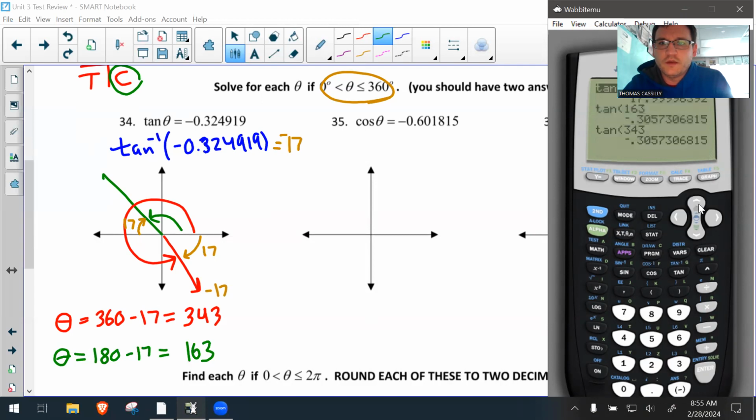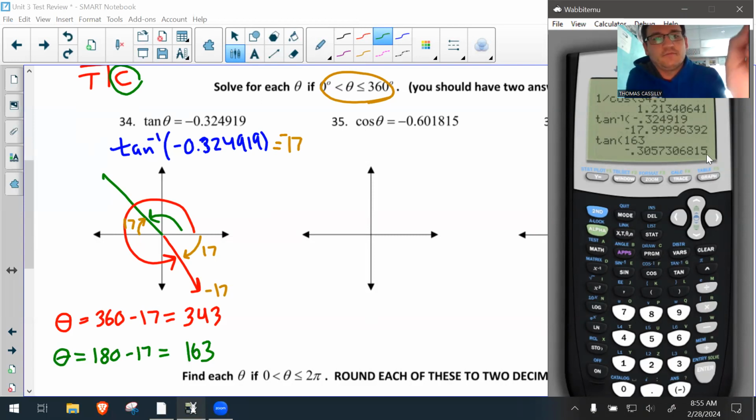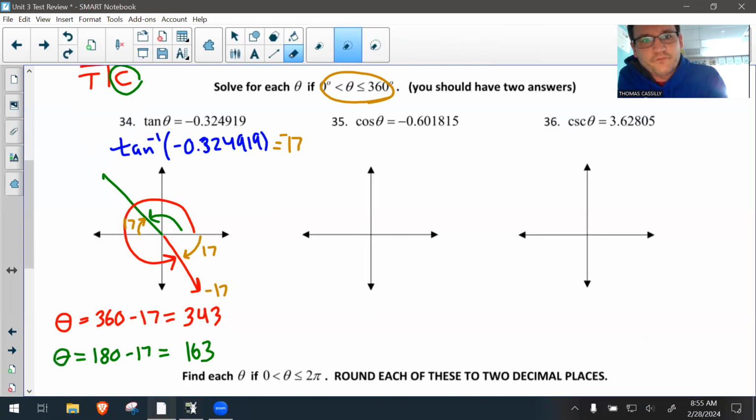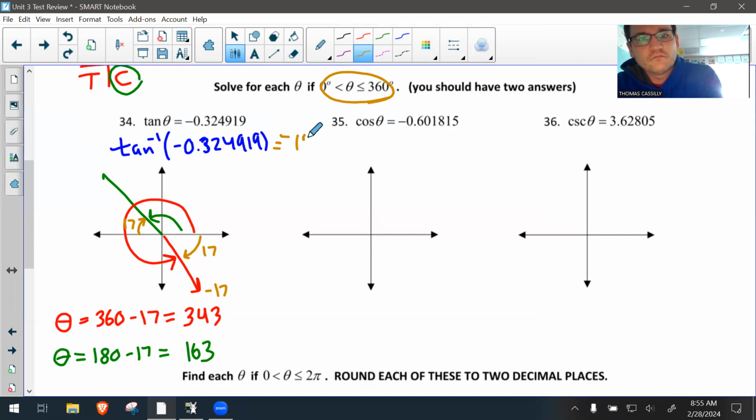I did make a mistake, because I should have started the video over. No, we're just going to suffer through it. Sorry, guys. This is not negative 17, it's negative 18.